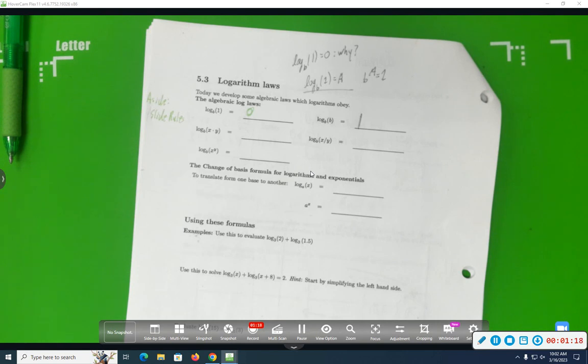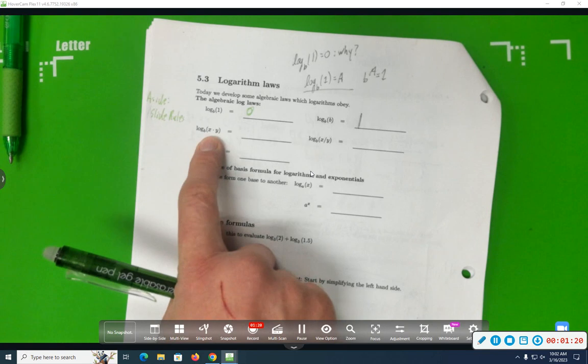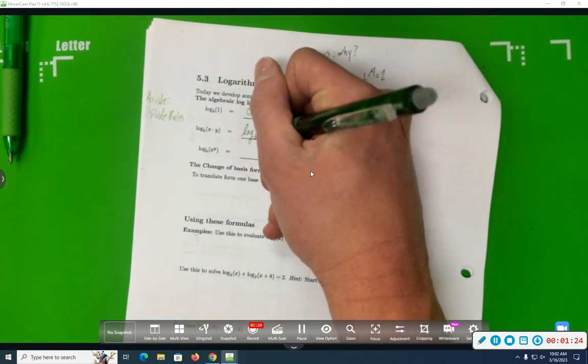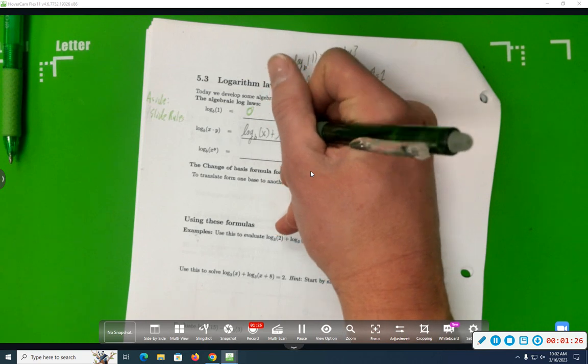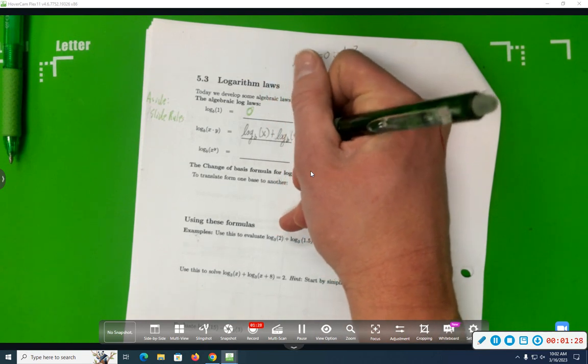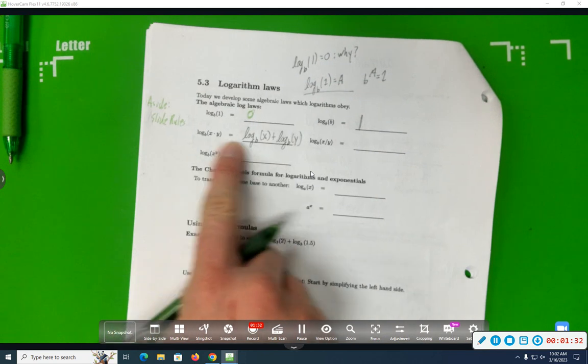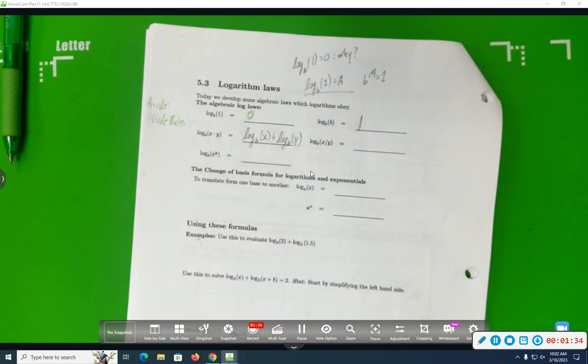And I'll tell you why it was more useful 50 years ago. Log base B of x times y is the same thing as the log base B of x plus the log base B of y. If you see multiplication happening inside of a logarithm, you can replace it by addition outside of the logarithm.